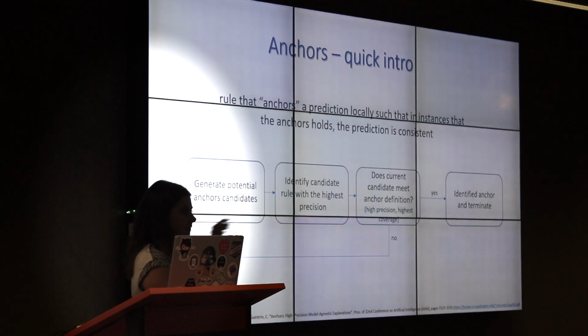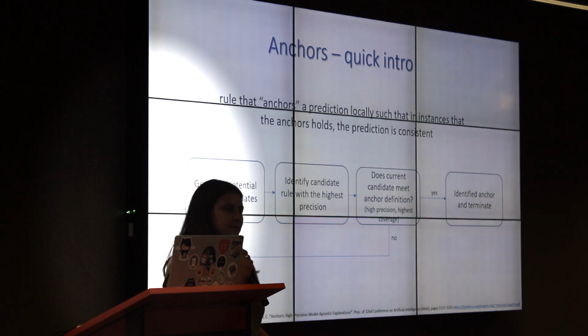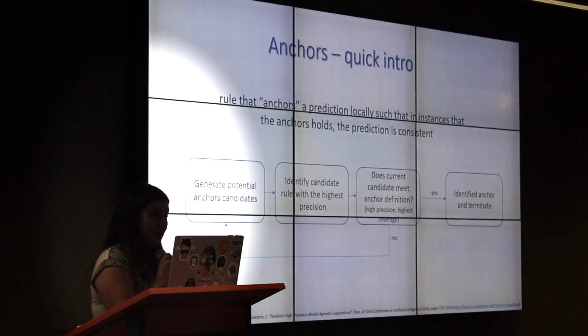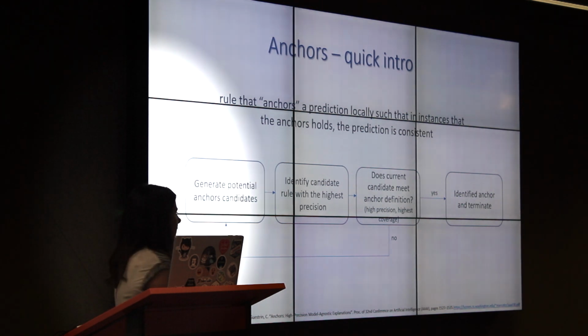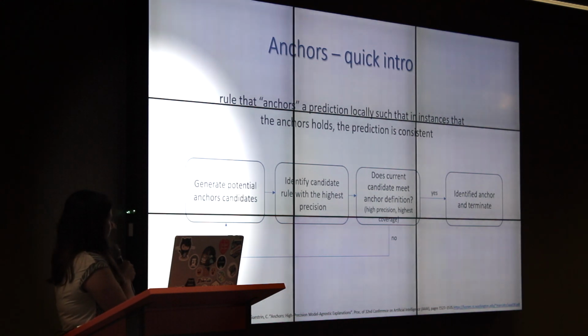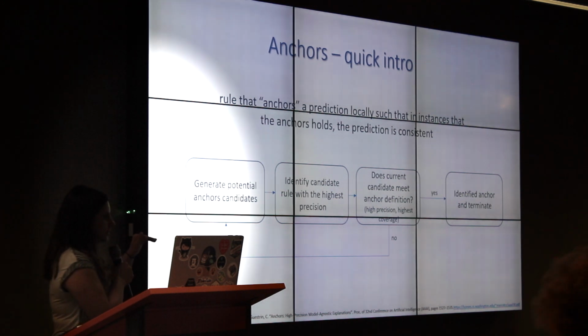So this algorithm at a very high level works like this. We generate potential anchor candidates. Again, for every type of problem domain, we need to define what an anchor is. For example, for the image domain, you're going to have the superpixel present or absent. I have a list of that we're going to talk about in a moment. But you basically start with an empty set and generate potential anchor candidates. So for example, you say it's the superpixel in the center of an image.